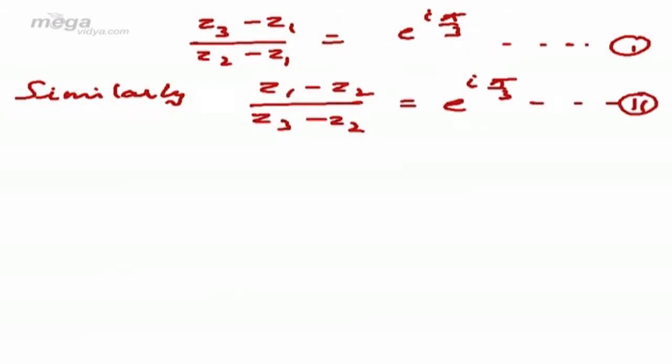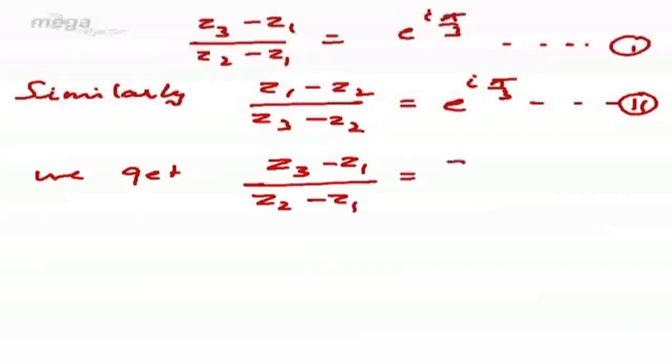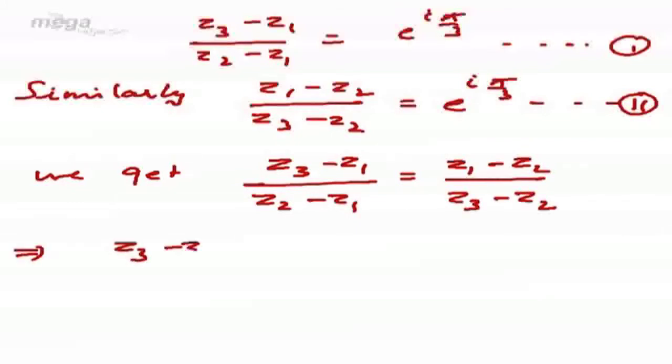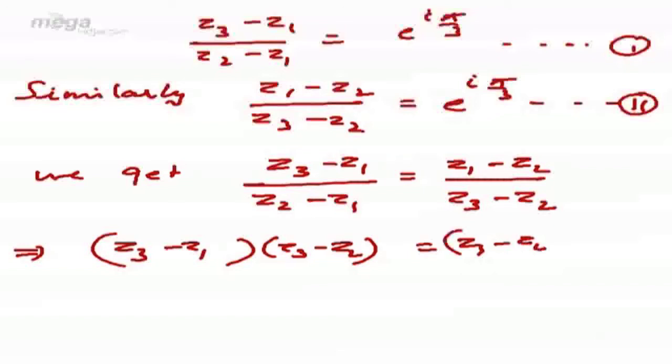So we can equate equation number 1 and 2. We get Z3 minus Z1 divided by Z2 minus Z1 is equal to Z1 minus Z2 divided by Z3 minus Z2. So Z3 minus Z1 into Z3 minus Z2 is equal to Z1 minus Z2 into Z2 minus Z1.